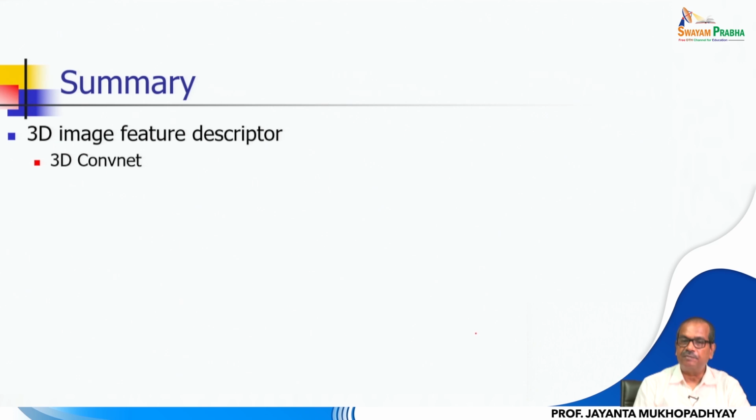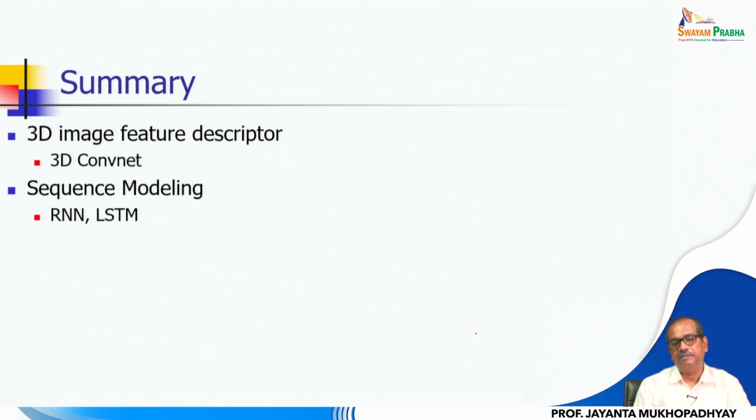Using 3D components we can extend to video. Similarly, by using sequence modeling we can capture the temporal dynamics in a video, and there we discussed recurrent neural networks and long short-term memory.